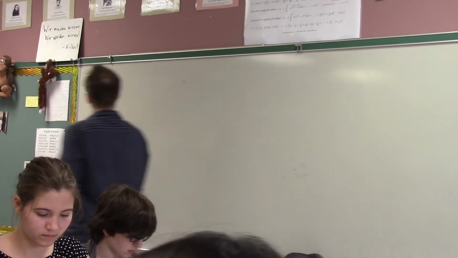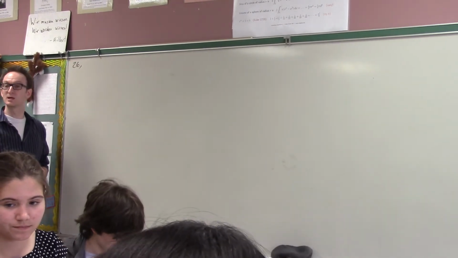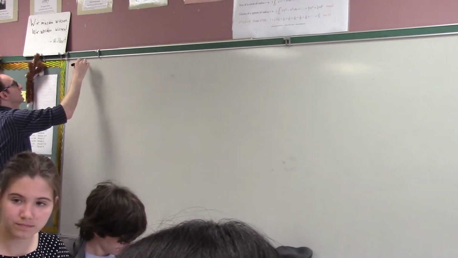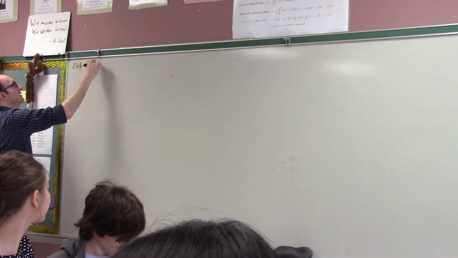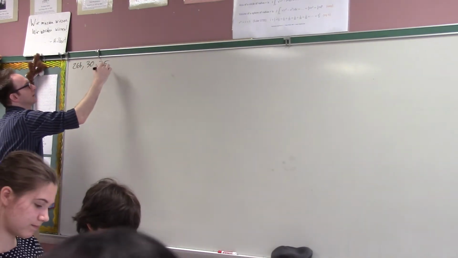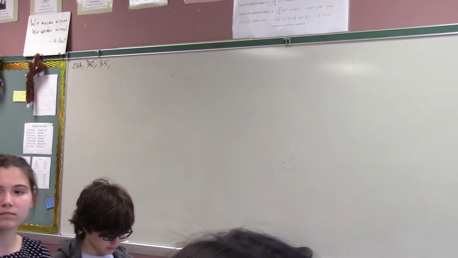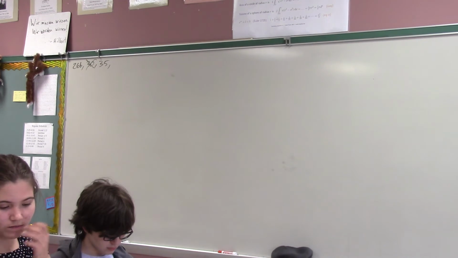25. 26. 35. 26 part B. 30. But we don't have to go over 30, right? You said that one. Oh yeah, I don't like problem 30. It's a dumb problem. I'm never assigning it again.